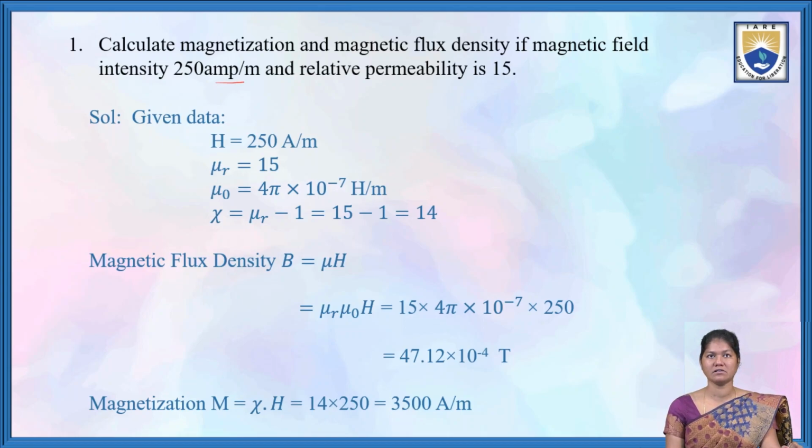So, in this problem, the given data is H, that is magnetic field intensity, equal to 250 amperes per meter, and relative permeability 15.